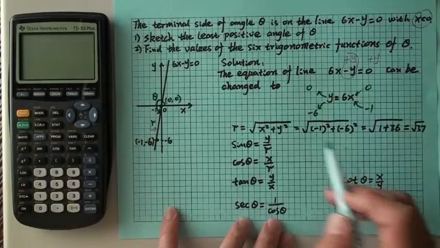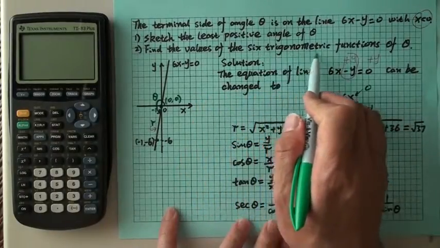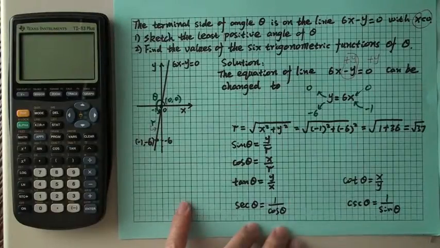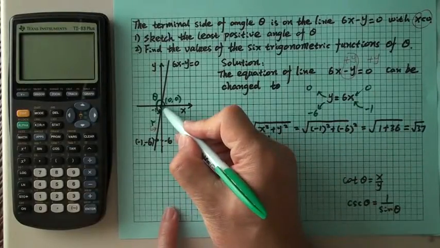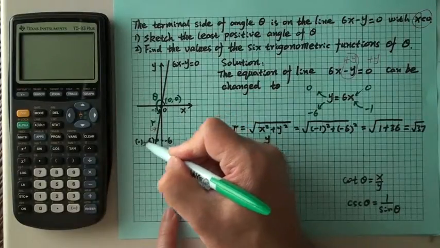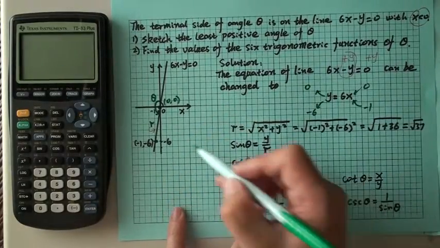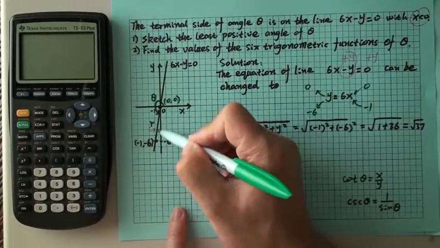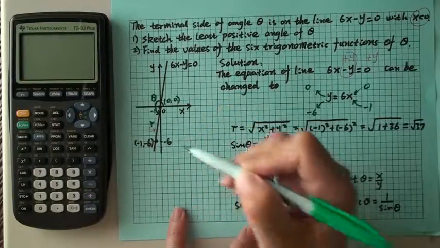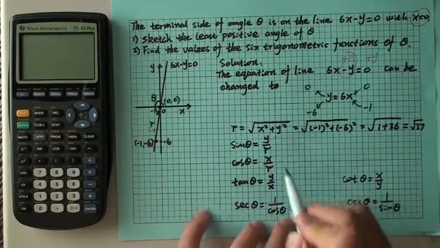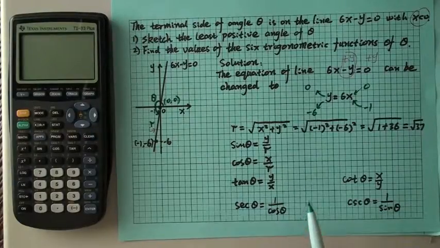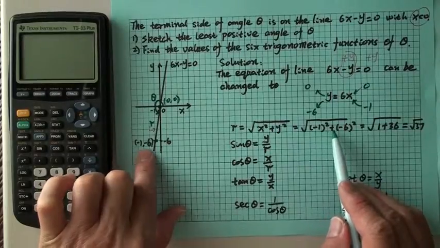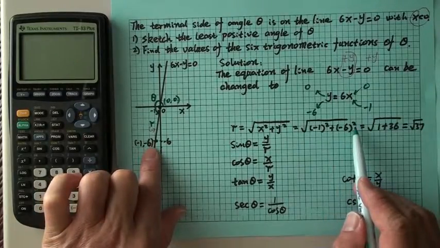Now we want to find the values of the 6 trigonometric functions of theta. Before we do that, we need to find the length from the origin to this point, negative 1, negative 6. The length of this segment is the square root of x squared plus y squared, so negative 1 squared plus negative 6 squared.